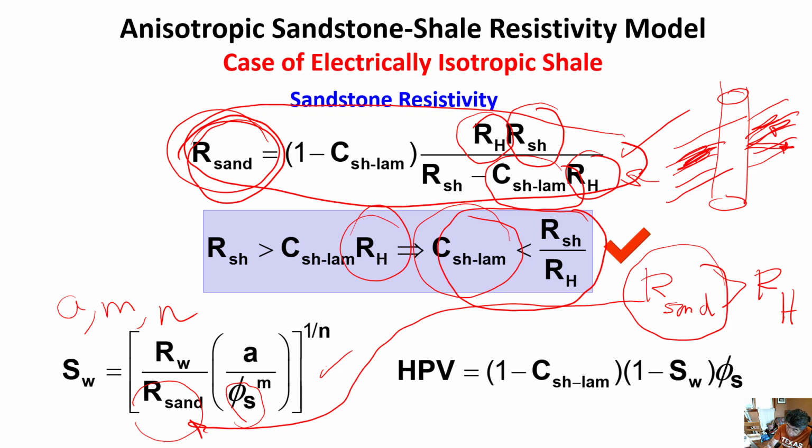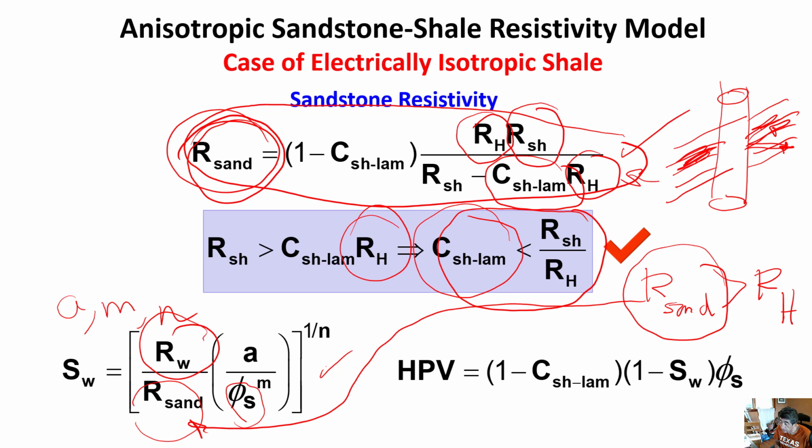Now, what about RW? Well, to calculate RW, I have to apply the same set of equations, the same procedure that I just did, the parallel circuit, everything else, in a water-saturated sandstone. If I have a clean sandstone, no shale, then I don't have to make the corrections for shale, and I don't have to use the parallel circuit.